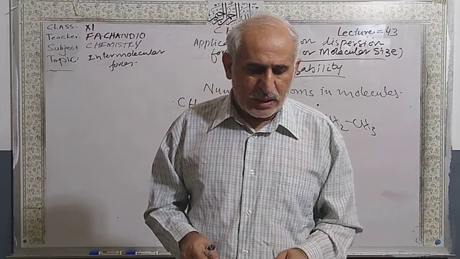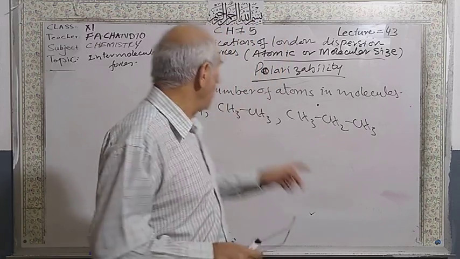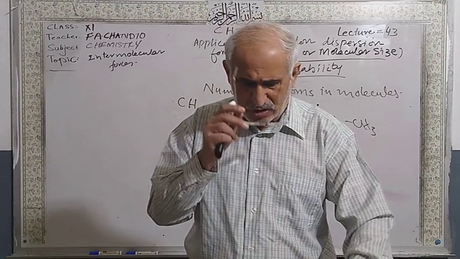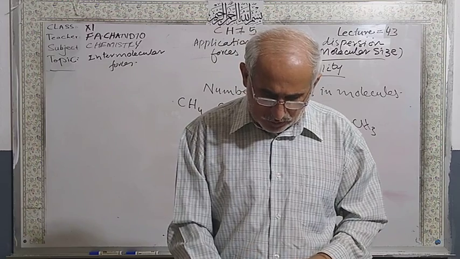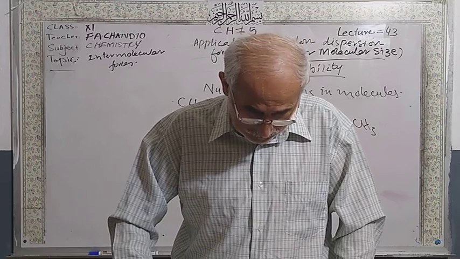So dear students, these are the three factors I told you which are going to affect the thermodynamic properties. So these three are atomic or molecular size, polarizability, and number of atoms present in the molecule.